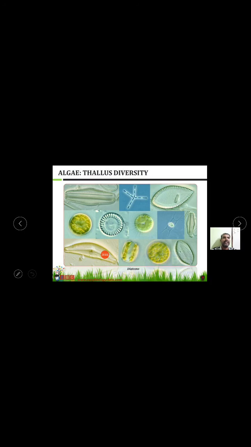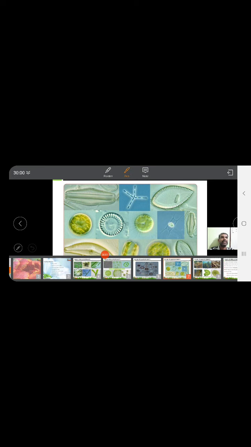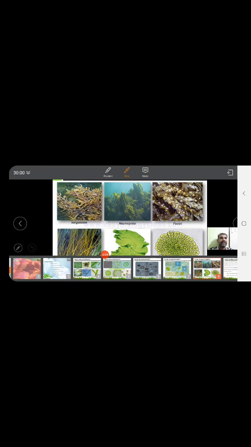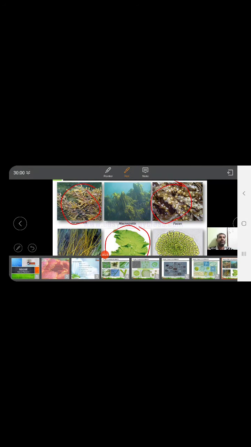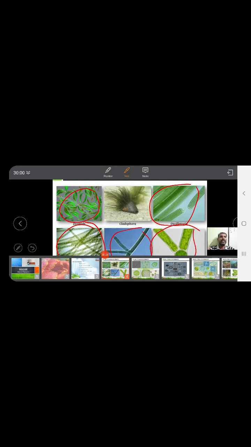So we can see on the slide, these all belong to thallus organization. Now this is the common alga we can see, greenish and brown. These are mostly brownish in color, and this is the greenish chlorophyllous color. These all belong to thallus organizations.